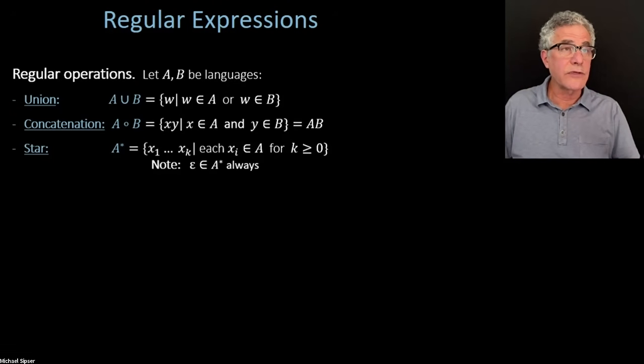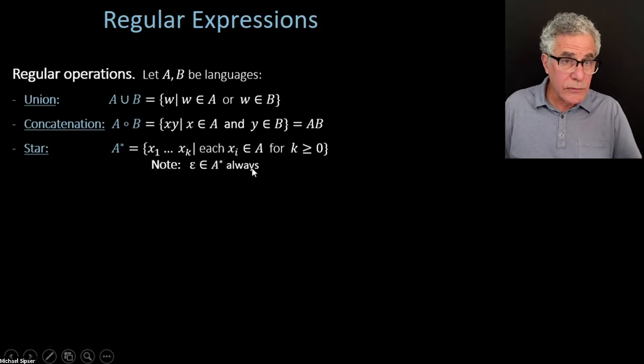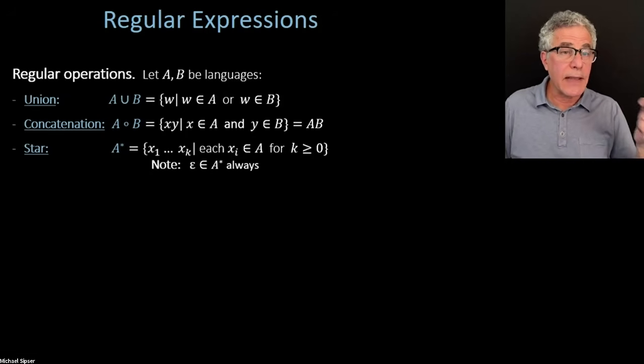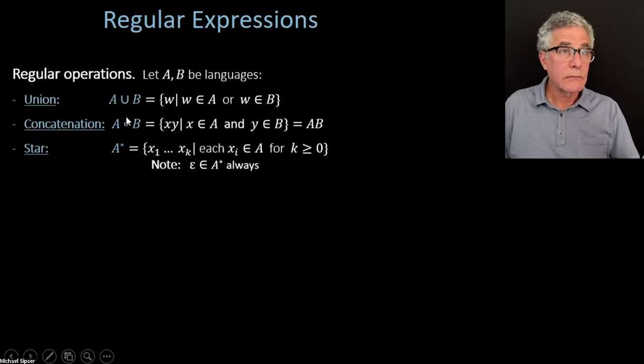Any number of members of A, you stick them together, and that becomes an element of the star language. I will do an example in a second if you didn't get that. One important element is that you can also allow sticking 0 elements together, and then you get the empty string. So that's always a member of the star language, the empty string.